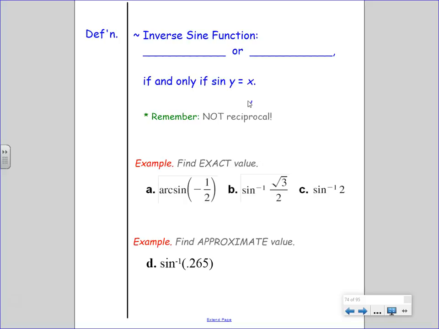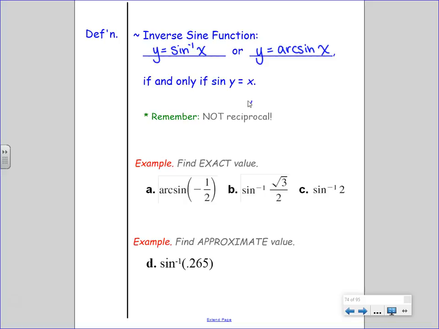Inverse sine functions. Y equals sine inverse of x, or another snazzy way of showing inverse trig is to say arc sine. It depends on what book you're using or what problems you're using, who wrote them as to what they might write.